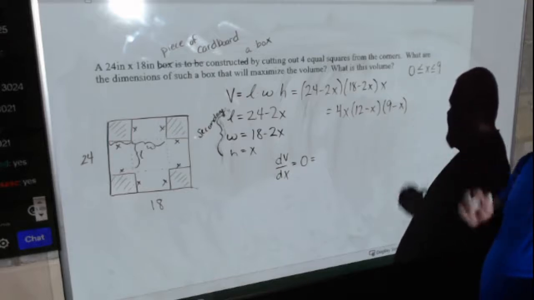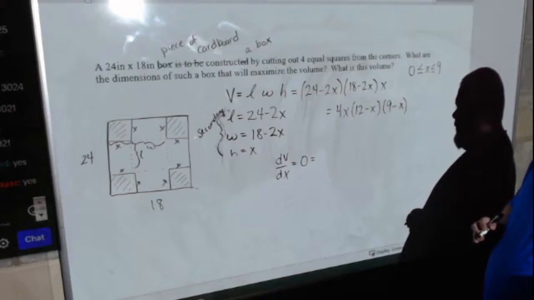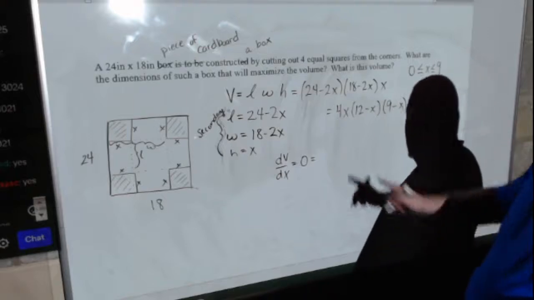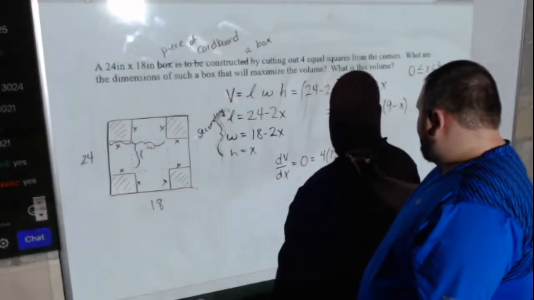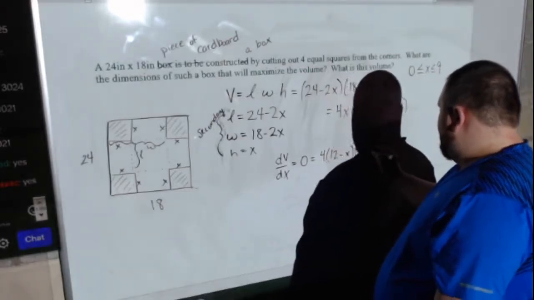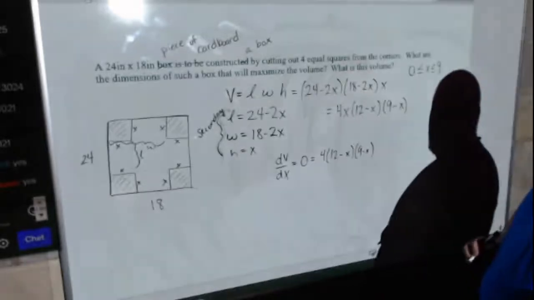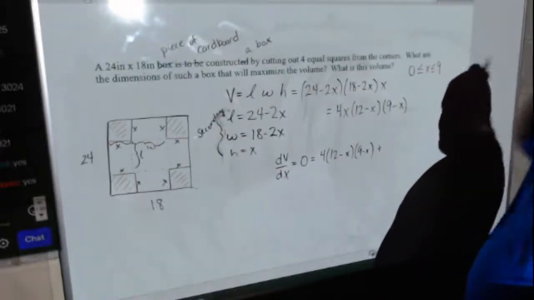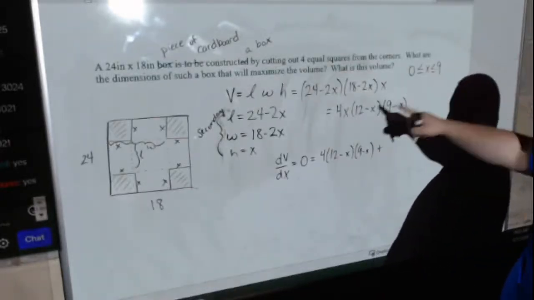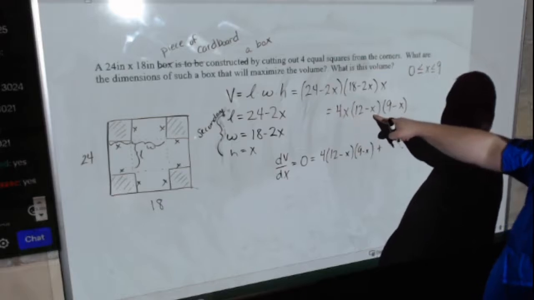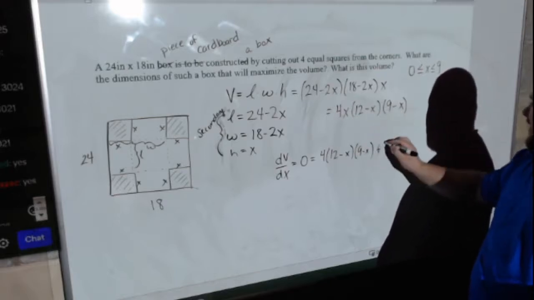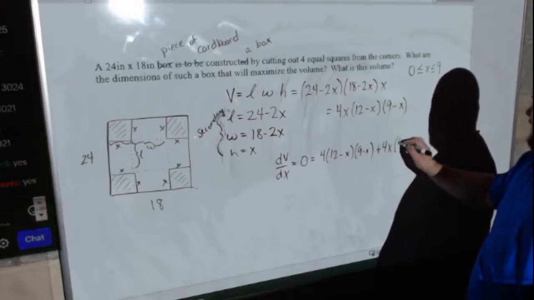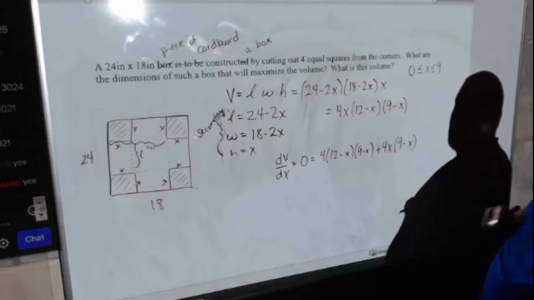I think I'm going to go ahead and differentiate it in that form. So I'm going to take the derivative of 4x, that's 4. Leave the other two alone. Plus, derivative of 12 minus x is a minus 1. So this is going to be minus 4x times 9 minus x.